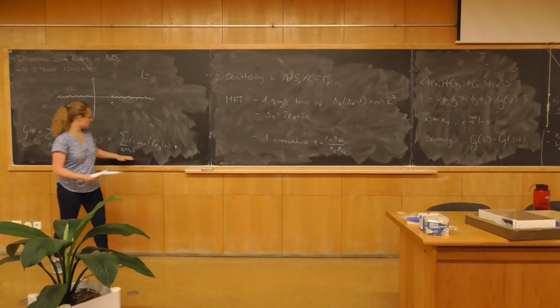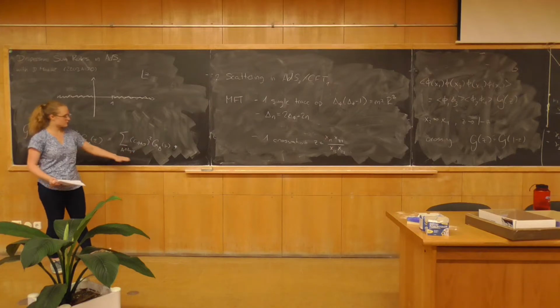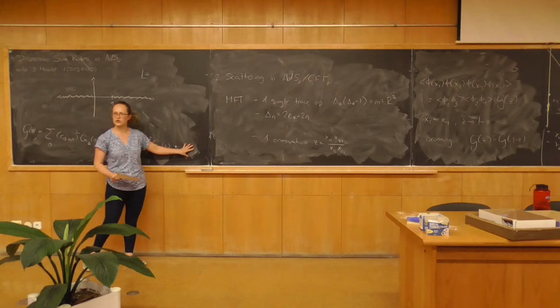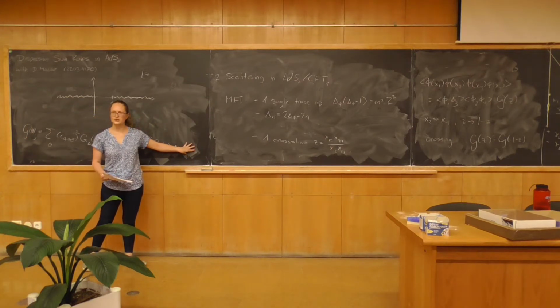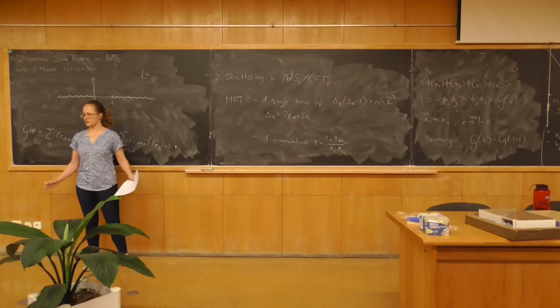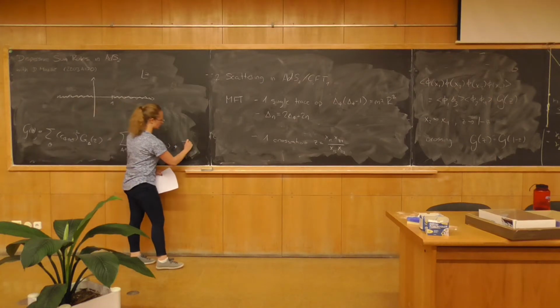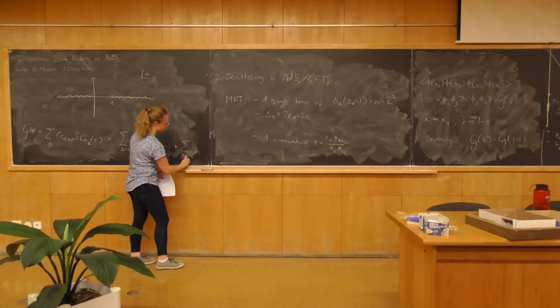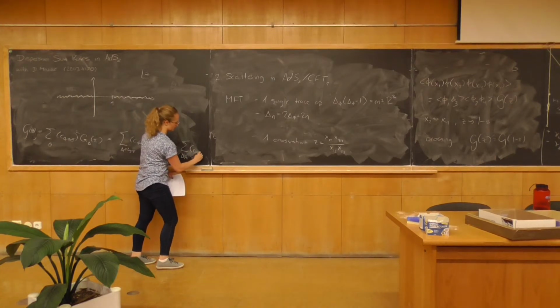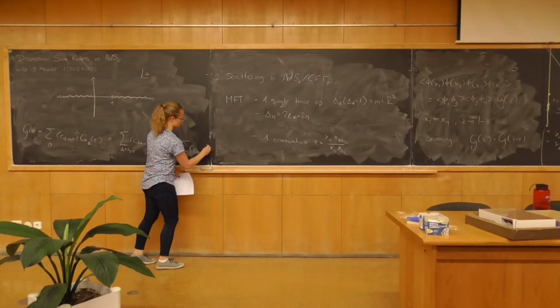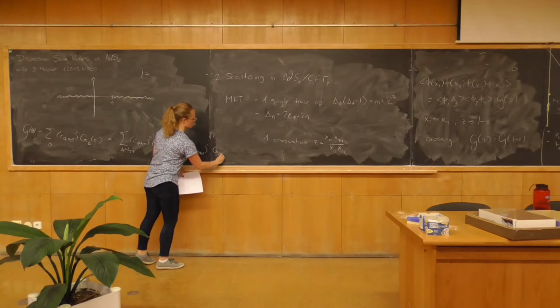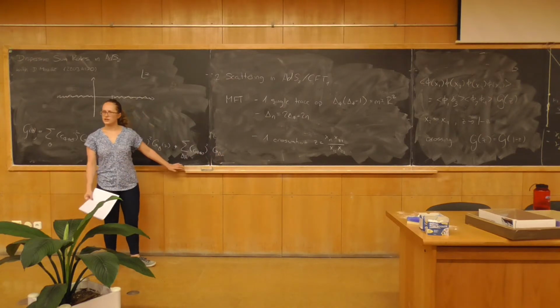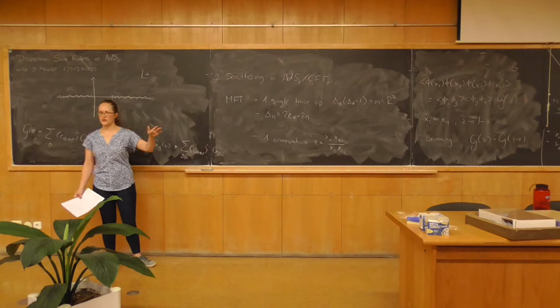And so instead of writing down just some sum over double trace operators, what I now want to do is reorganize this sum. Technically I have some sum over these double trace operators, but I want to reorganize this with AdS2 in mind.